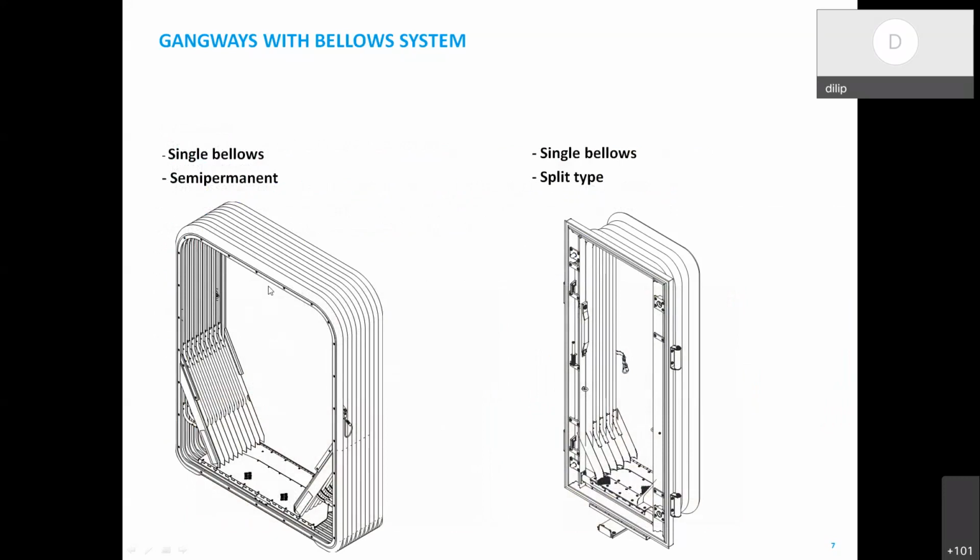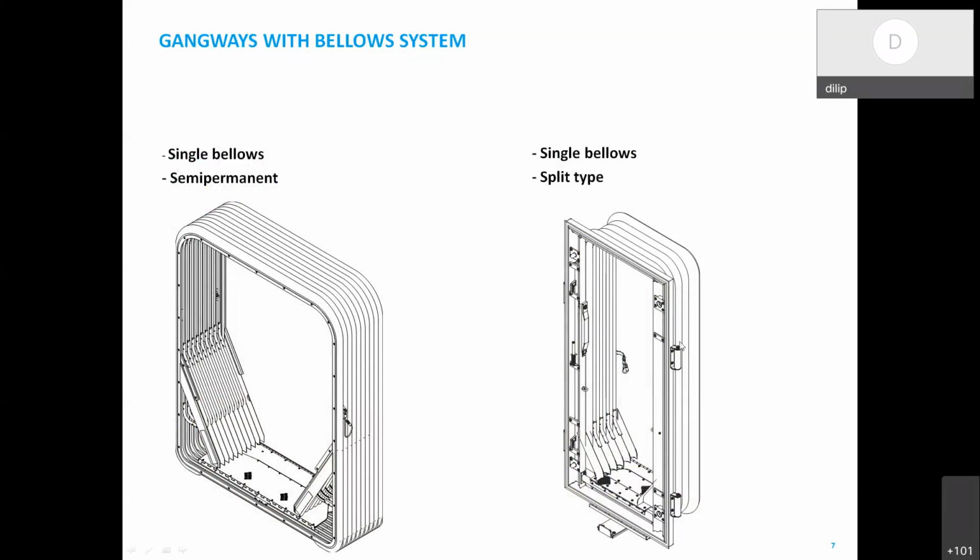Basically this is bolt fastened. If you see the small holes here, these are bolted and fitted on the end wall of the coach. So this side will be fitted to the end wall, and that side will be fitted to the end wall. So basically it is a semi-permanent arrangement. If you want to disconnect the coach, you have to remove all the bolts, all the fasteners. Then only we can disconnect the coach.